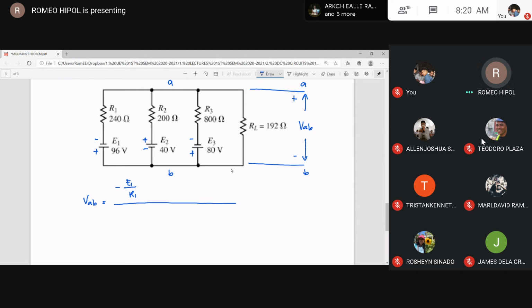For a different polarity, the value is negative. Then positive, positive, so plus E sub 2 over R2. Then again, for the third branch, we have a negative value, so E sub 3 over R3. Then, of course, our fourth branch, E sub 4 over RL, which is 0.